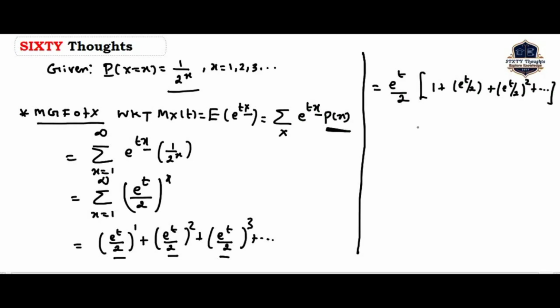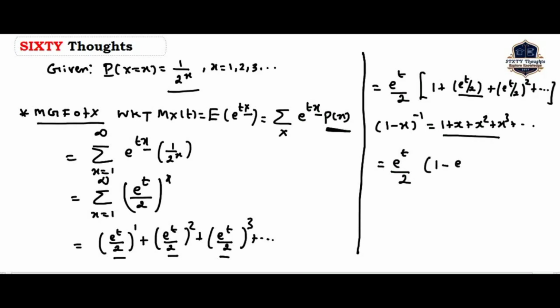So this is nothing but a binomial expansion. What is the binomial expansion? (1 minus x)^(-1) is equal to 1 plus x plus x squared plus x cubed plus, etc. Here x is e^t/2. So we write the left-hand side as e^t/2 into (1 minus e^t/2)^(-1).